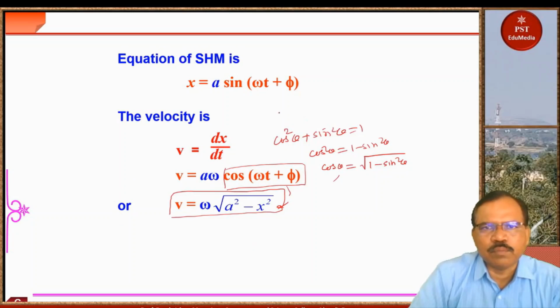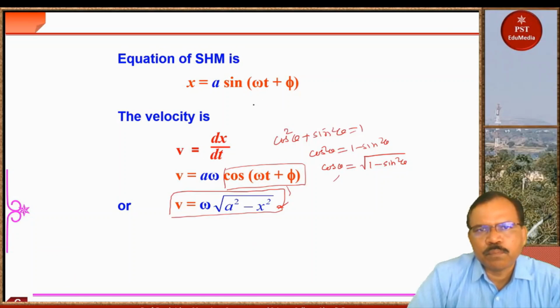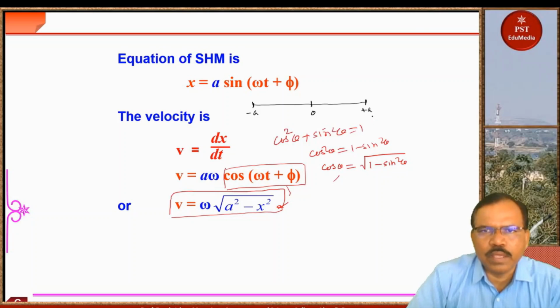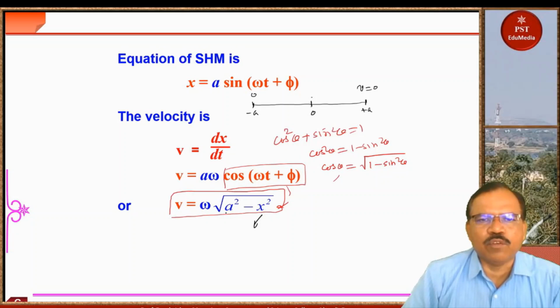Now see here, suppose a particle is moving between plus a and minus a through 0. So when x is equal to a, what is the velocity? 0. When x is equal to minus a, the velocity is 0. What is the velocity at x is equal to 0, the equilibrium position? v is equal to omega under root a square minus 0, so omega times square root of a square, so you will get velocity plus or minus a omega.